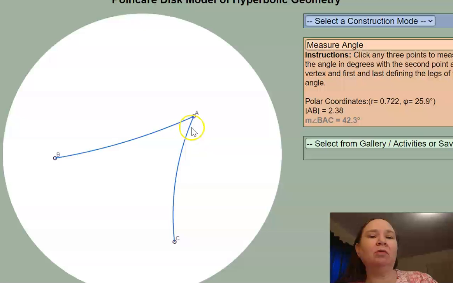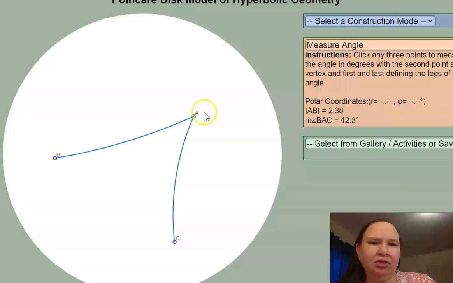And angles are preserved. So if you were to draw a tangent line to both of these curves and measure the angle between the tangent lines, you should come up with about 42 degrees.